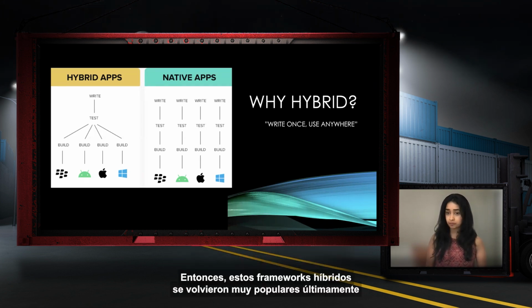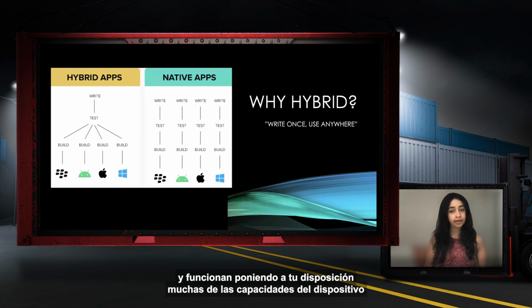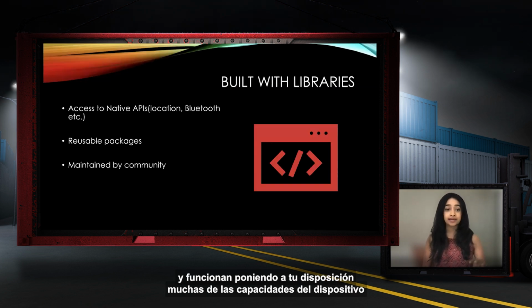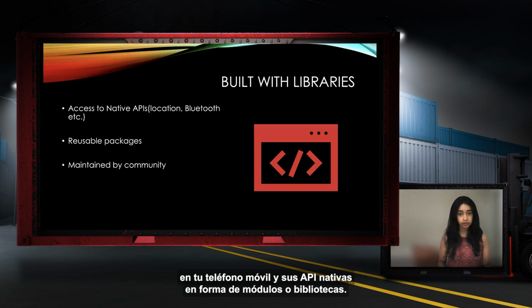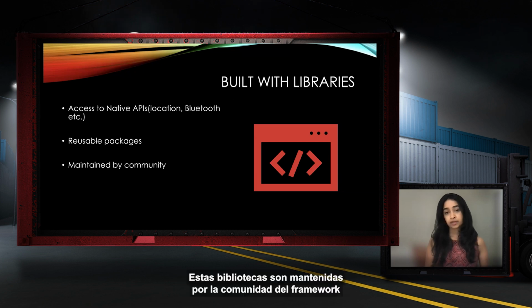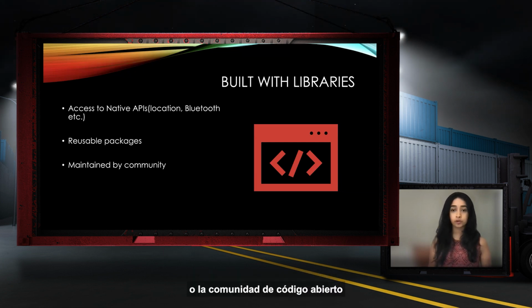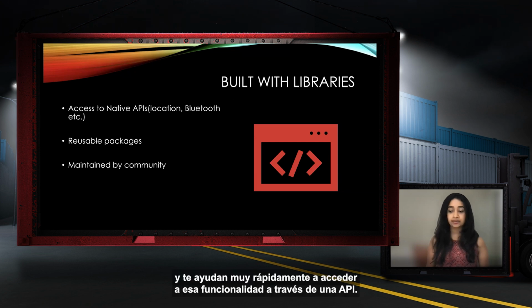So these hybrid frameworks became really popular lately, and they work by making a lot of the device capabilities on your mobile phone and their native APIs available to you in the form of modules or libraries. These libraries are maintained by the framework community or the open source community, and they help you very quickly, just through an API, access that functionality.